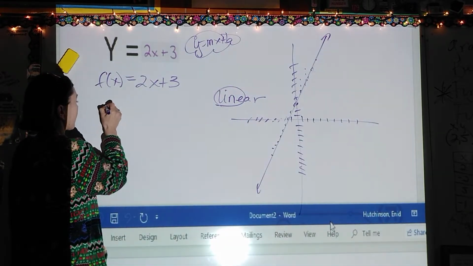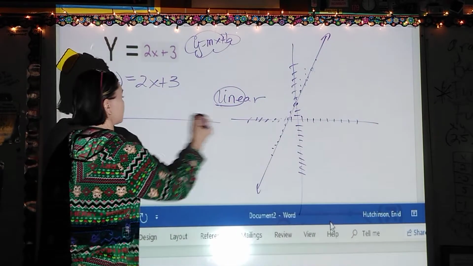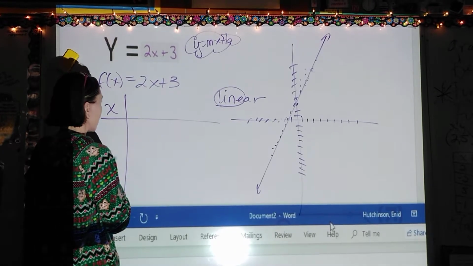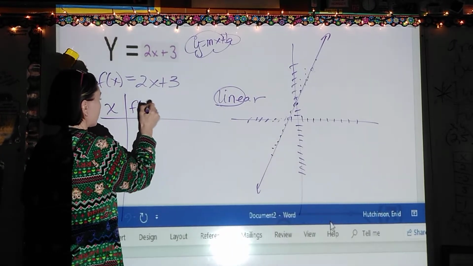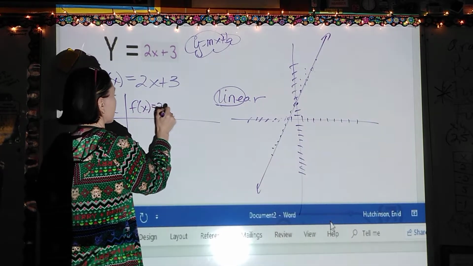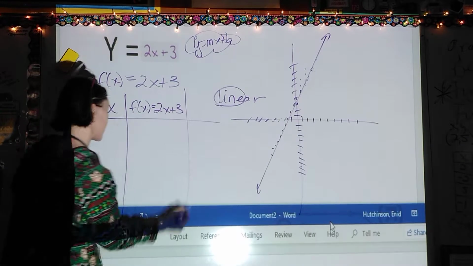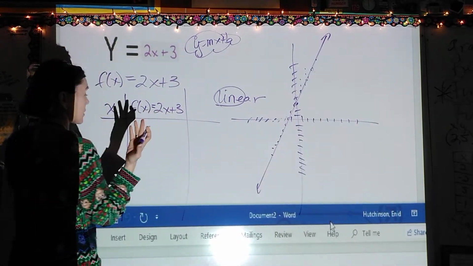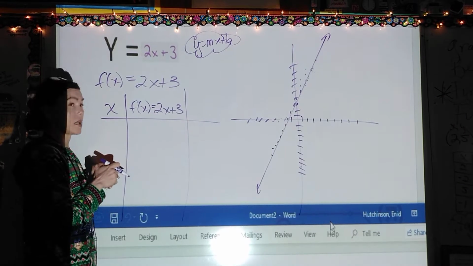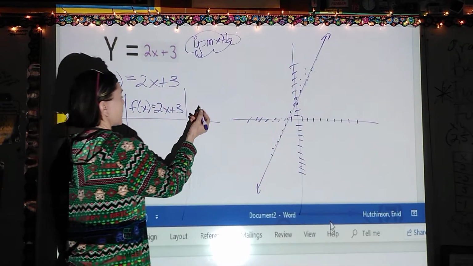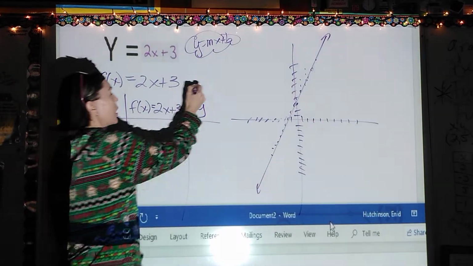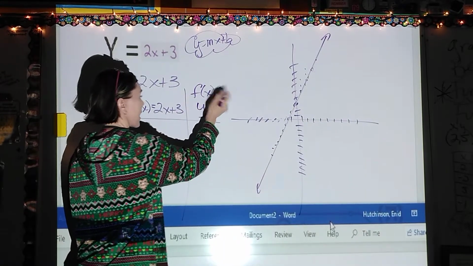So everyone go ahead and draw your x, okay? And we're going to do what's called the function of x, which is 2x plus 3. This is just as easy as pi, okay? And then we'll get, as a result, our y value, also known as f of x.